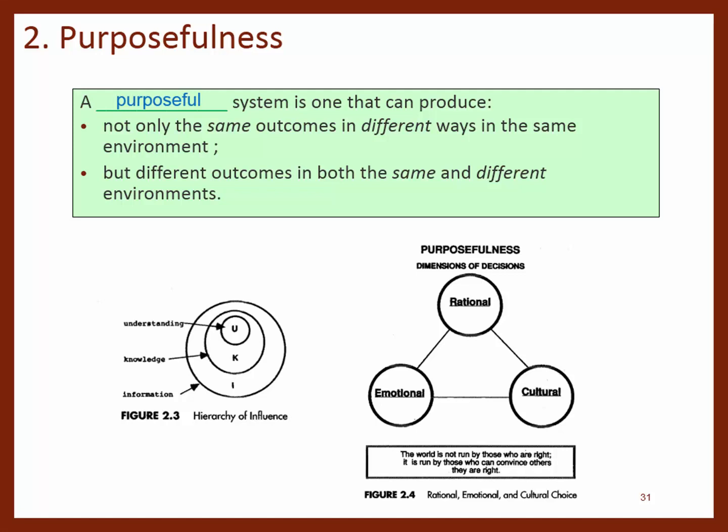A purposeful system is one that can produce not only the same outcome in different ways in the same environment, but also different outcomes in both the same and different environments. So the idea again is that, depending on the environment, it has to be capable of somehow adapting to produce the outcomes.